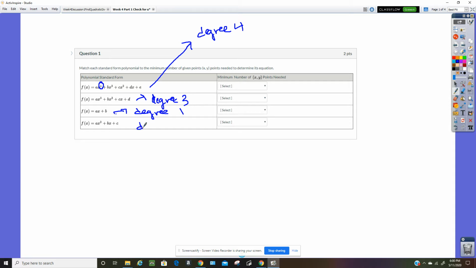And this is degree 2. So the minimum number of points is 1 more than the degree.